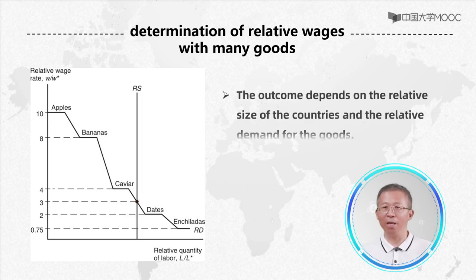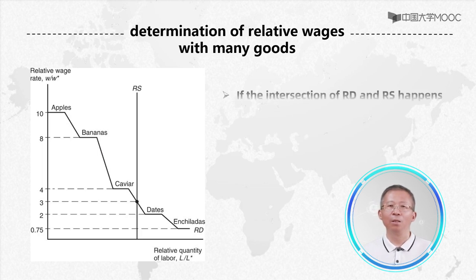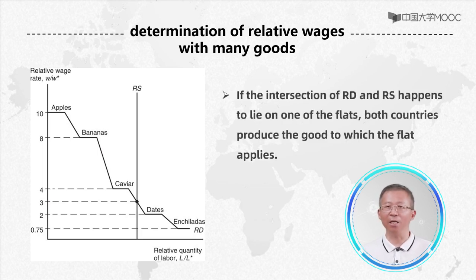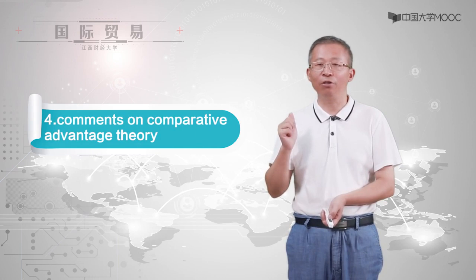The outcome depends on the relative size of the countries, which determines the position of RS, and the relative demand for the goods, which determines the shape and the position of RD. If the intersection of RD and RS happens to lie on one of the flats, both countries produce the good to which the flat applies.